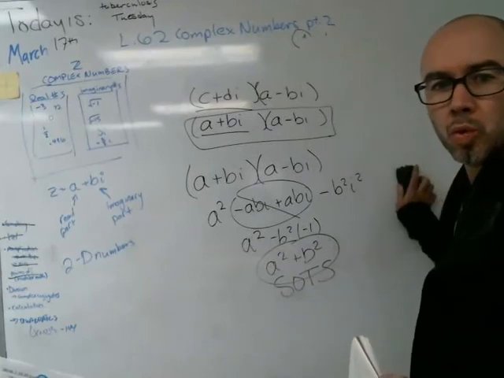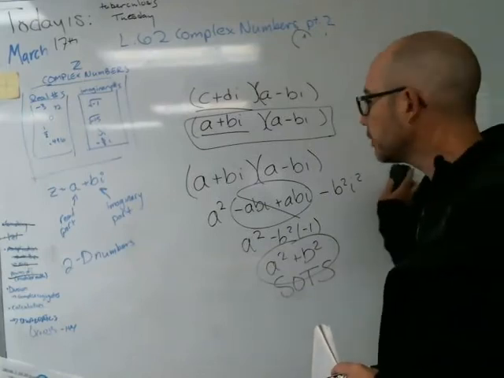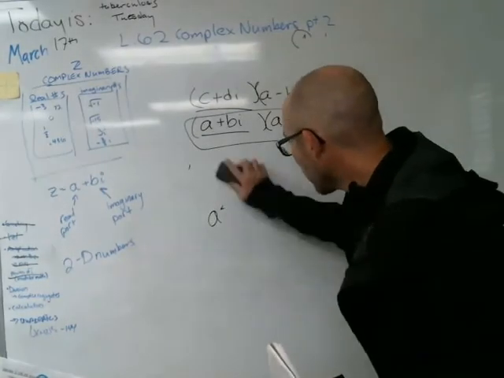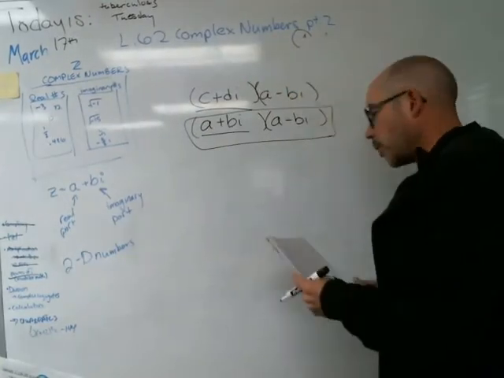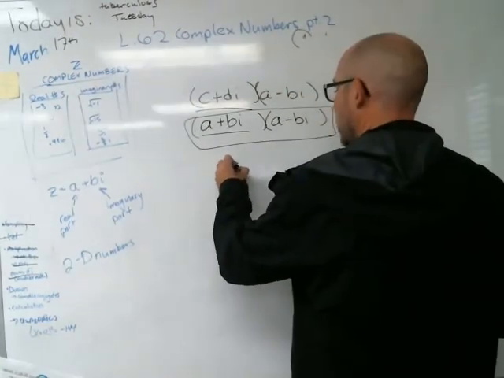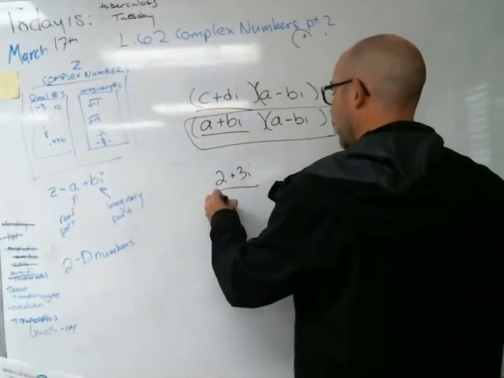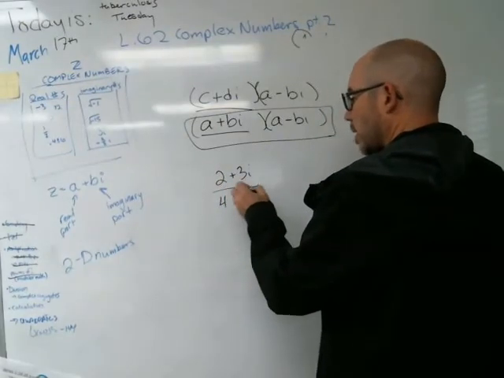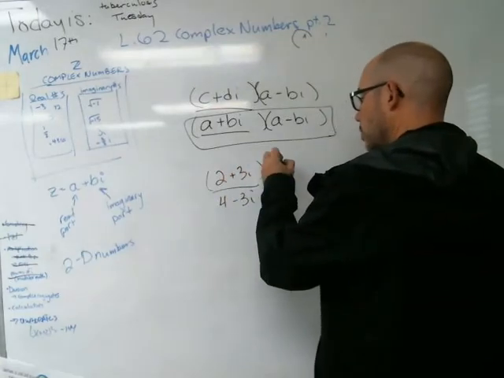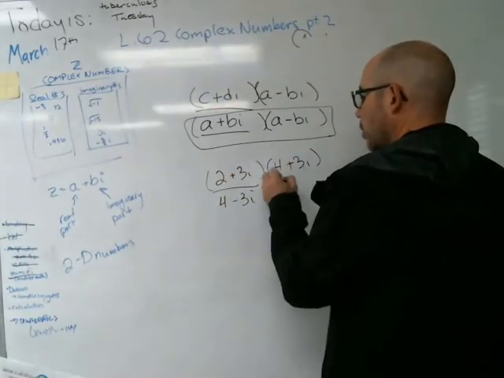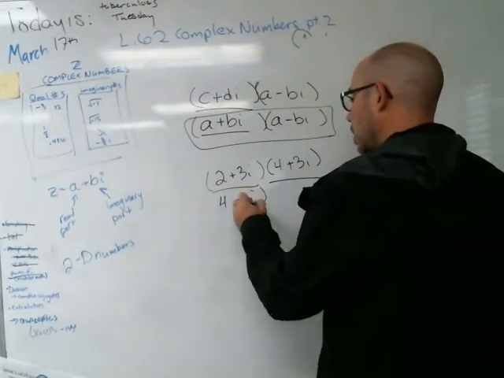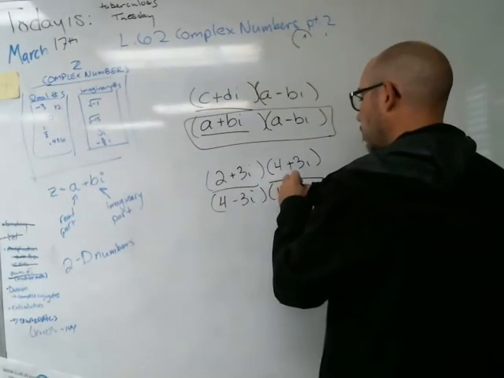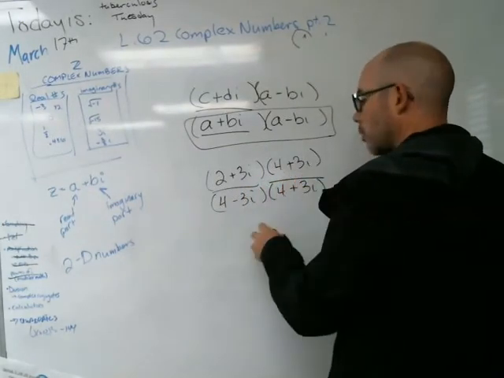So we saw that in the video. And if we were trying to do 2 plus 3i divided by 4 minus 3i, we would fix this. We would take the top part and multiply by 4 plus 3i, and I don't really care what that is right now. And we take the bottom part, 4 plus 3i, and we make it really super easy.